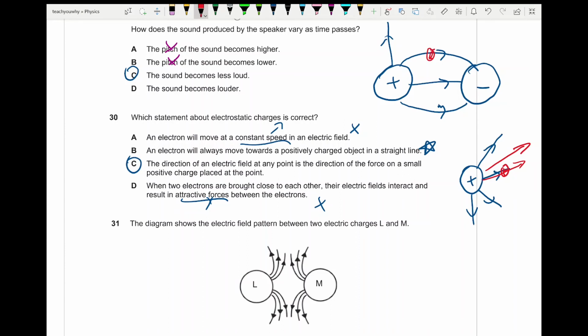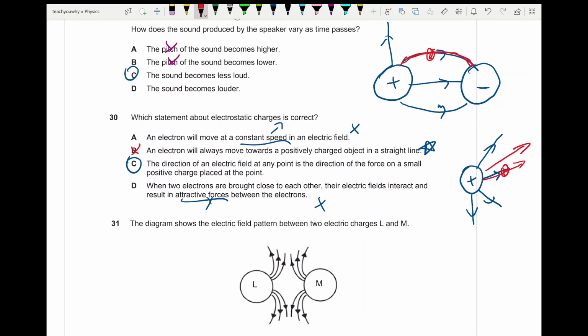You see these field lines? These field lines are curved, which means the forces it experiences are curved. Therefore, it will not move in a straight line. So this is wrong.